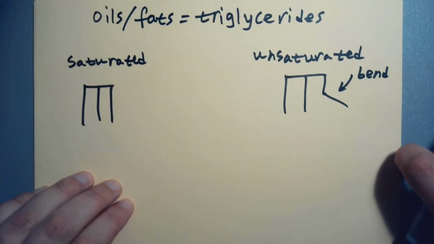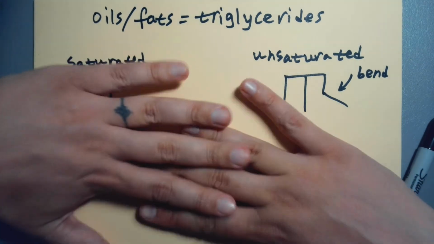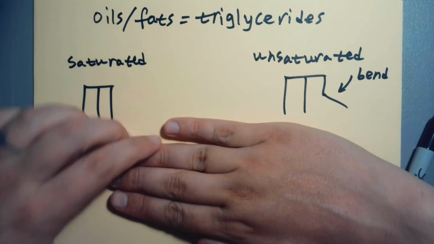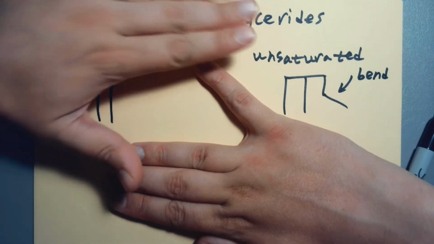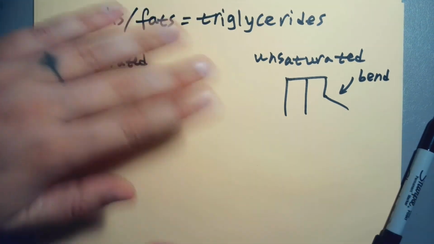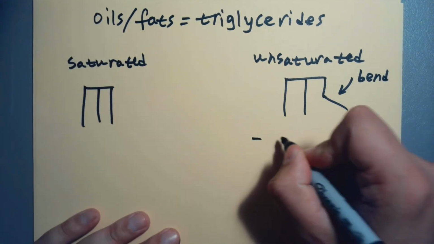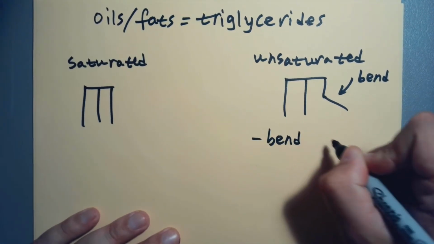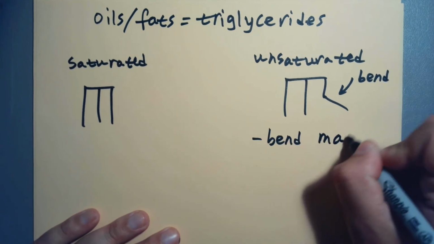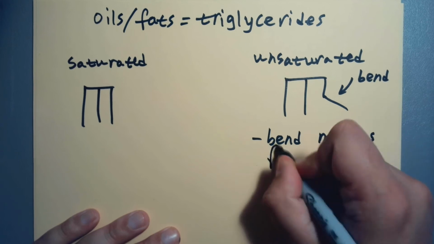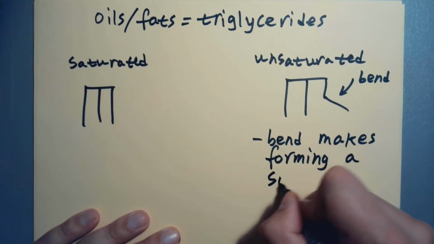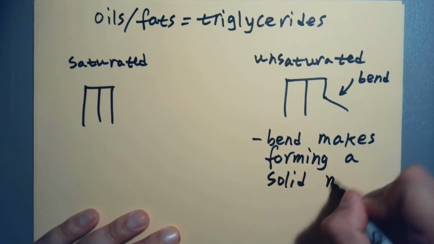But what happens is, when it's solid, you've got to stack nicely. You've got to stack together. But if it's unsaturated, it takes up space. It's harder to stack them tightly together, makes it more likely to be a liquid. So the bend makes forming a solid more difficult.